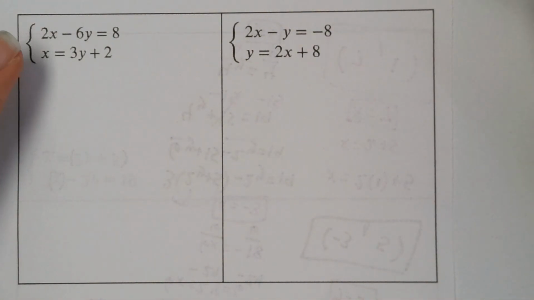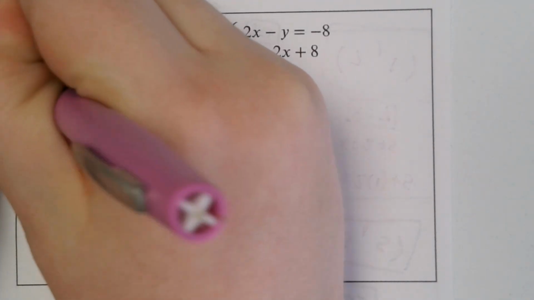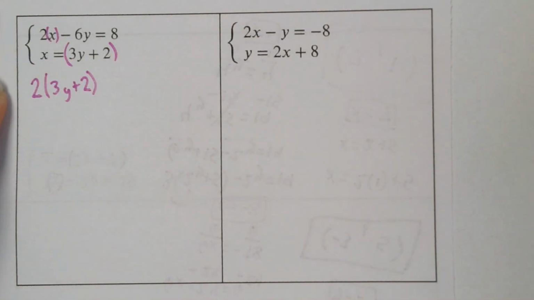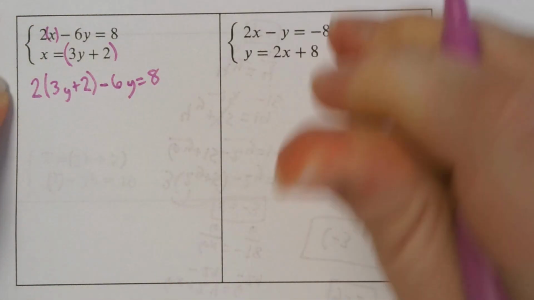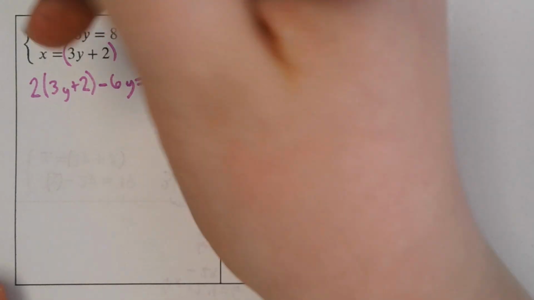So this one, we're solved for x. So instead of x, we are plugging in 3y plus 2. And then minus 6y equals 8 drops down. And we distribute.